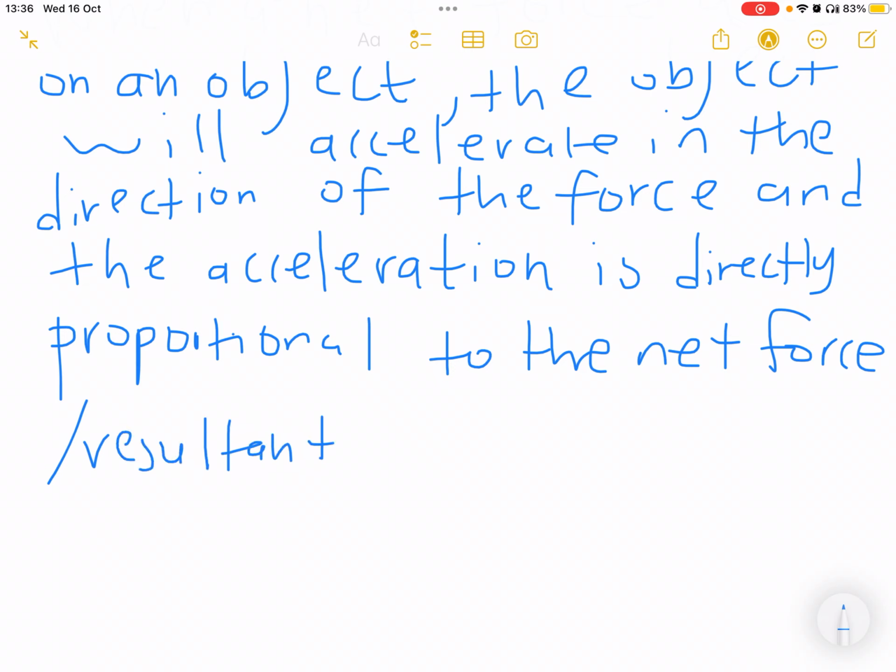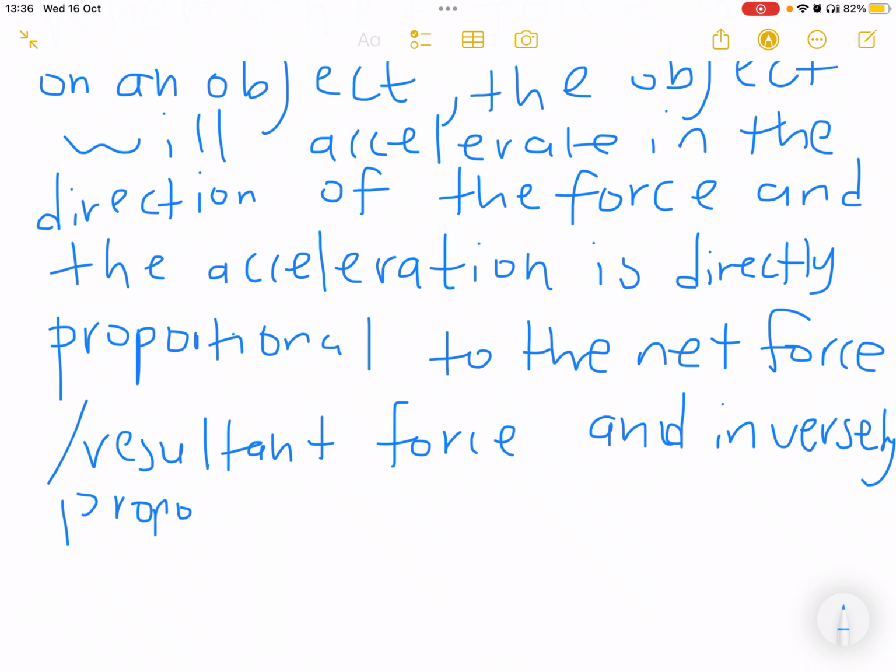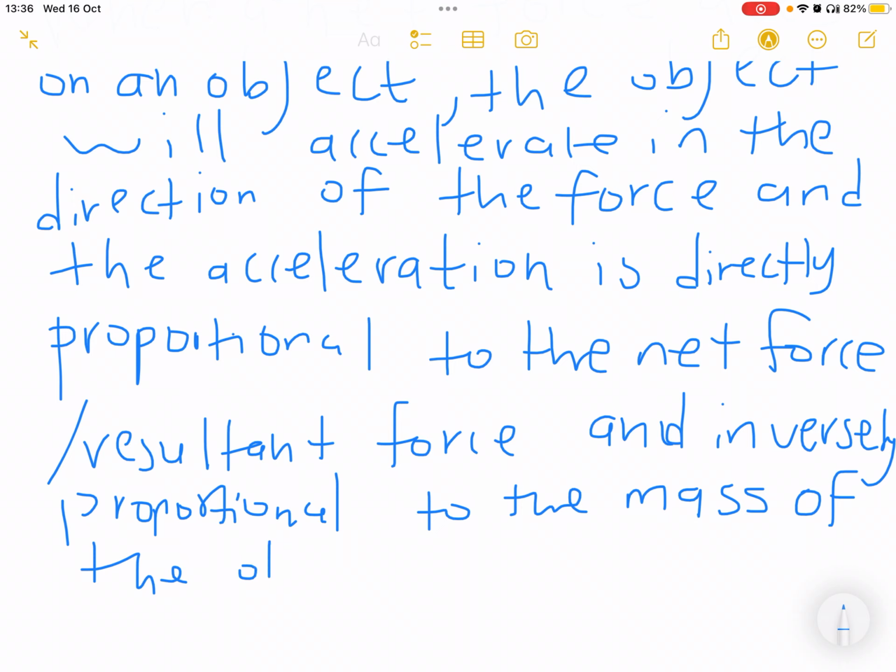So when you're writing the definition here, you can either choose to write resultant force or you just write net force. And inversely proportional to the mass of the object.